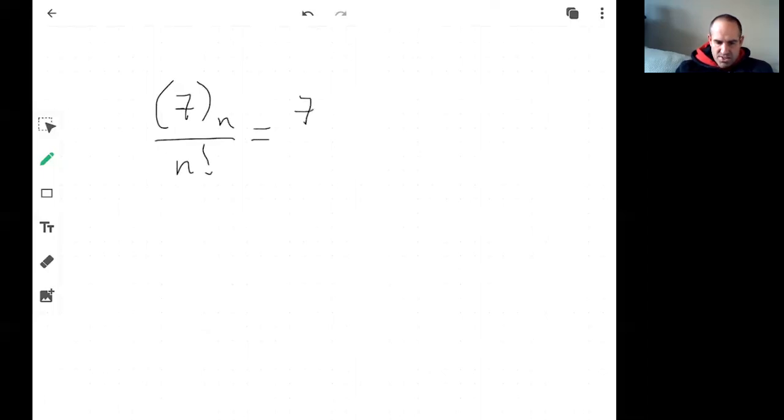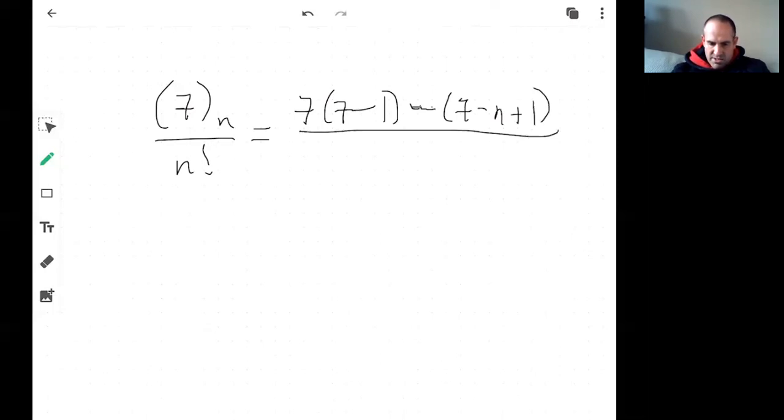Well, that's 7 times 7 minus 1, and so on, down to 7 minus n plus 1, all over n factorial. I could complete the factorial by multiplying and dividing by (7 minus n) factorial.